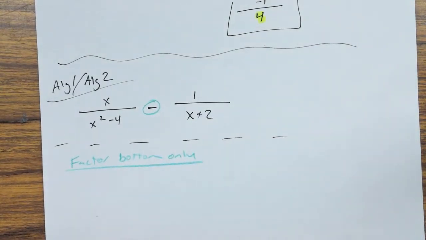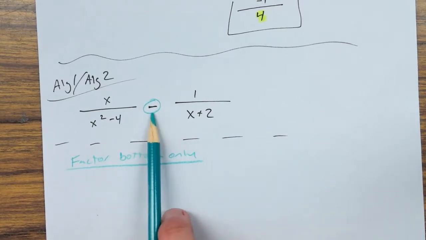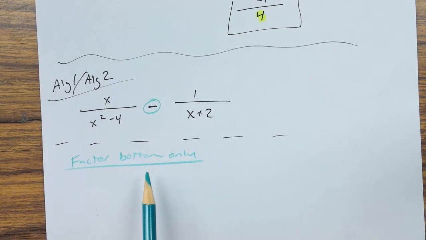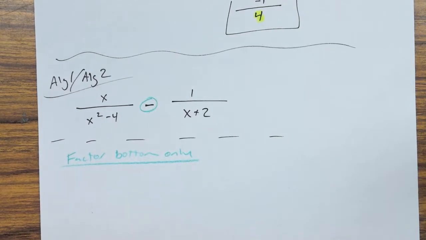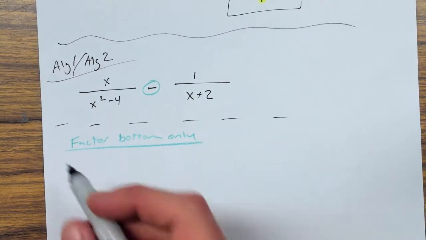Yesterday, I said factor everything. Top, bottom, top left, top right, bottom left, bottom right. Factor everything. But with a plus or a minus sign, you only factor the bottom. You don't worry about the tops anymore. So a little wrinkle that is going to kind of mess some of us up.